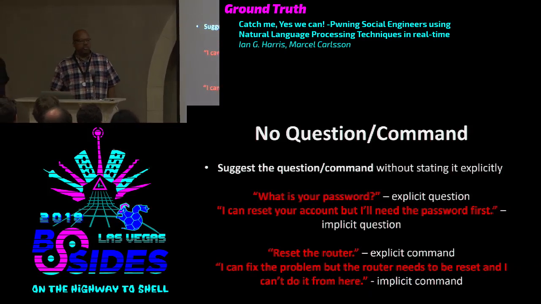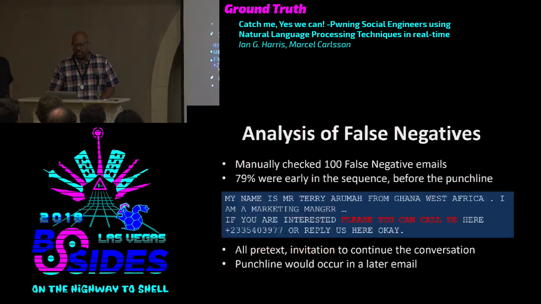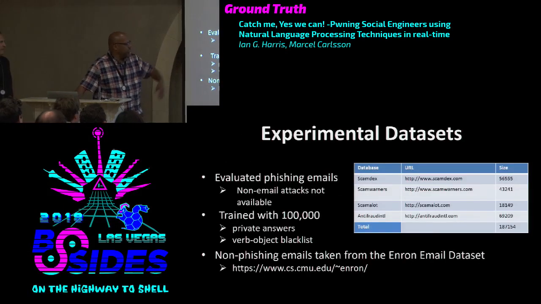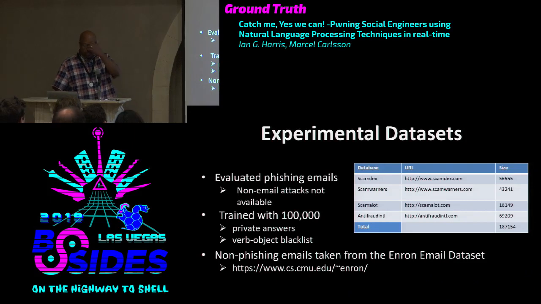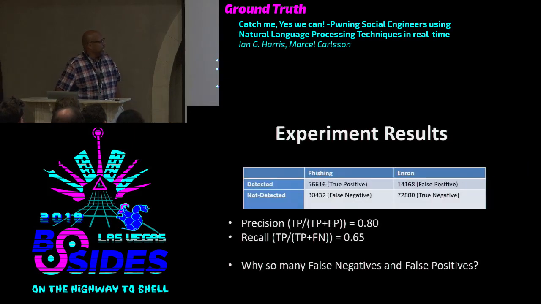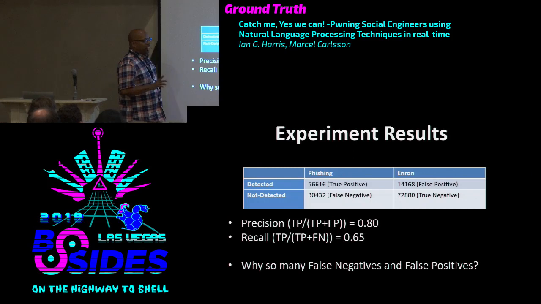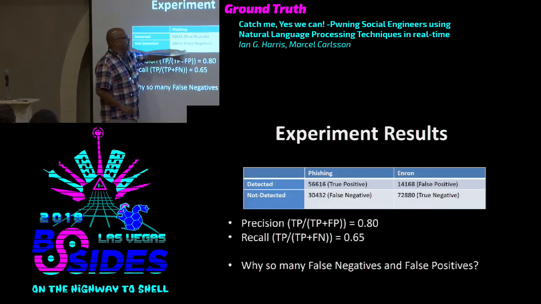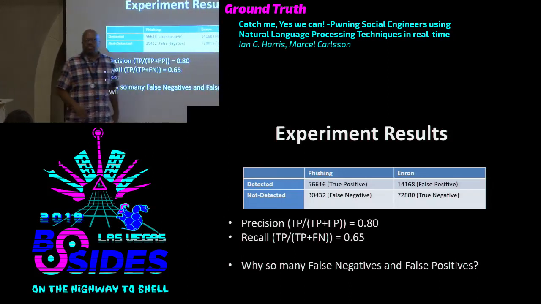Okay. So I'm going to go on. Okay, so basically, just to say, results. So we tried on a lot of phishing emails that we found from these different sites. And here are the results. Now, they're not that good, actually, but this is a starting place, right? So this column is for phishing emails, and this column is for Enron emails, okay?